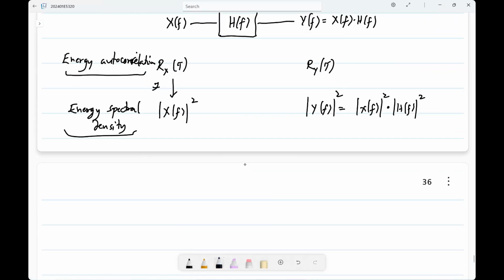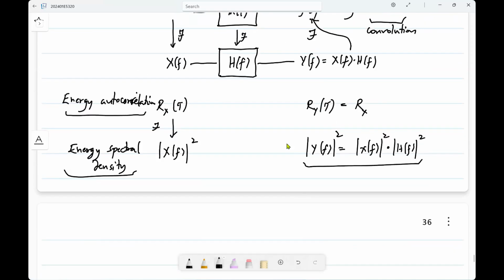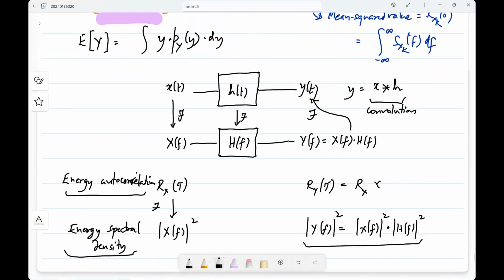spectral density. So by the way, given this relationship, what is the expression for Ry? It is basically Rx convolved with Rh. And what is Rh? You just think of this h of t, the impulse response, as a signal and calculate its energy autocorrelation function.